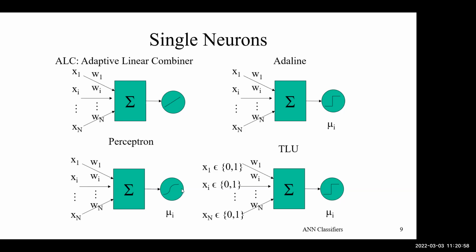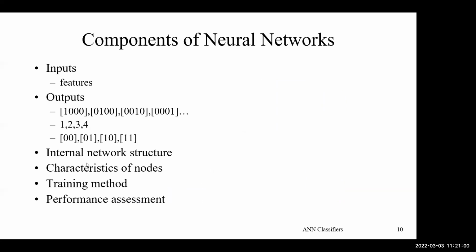What you put for this output linearity or nonlinearity function is your other characteristic of your node. And then your training method, how do you choose those weights? There's multiple ways of choosing them. Several are based on gradient descent. You will implement a gradient descent-based method in project 3.